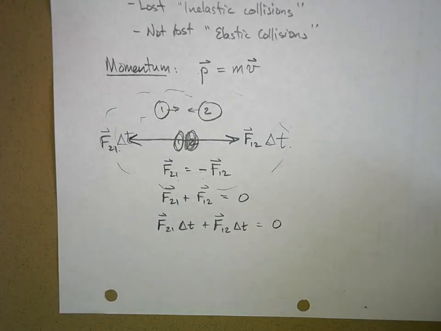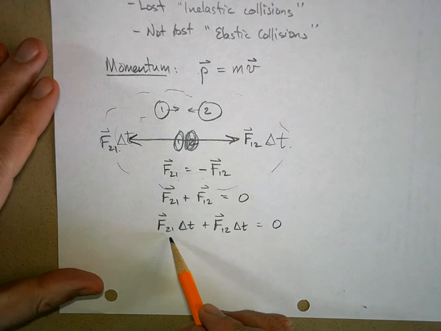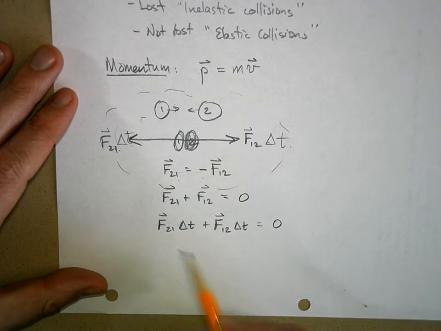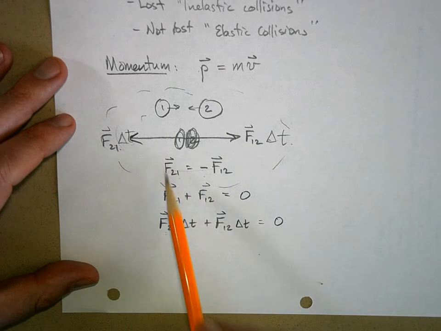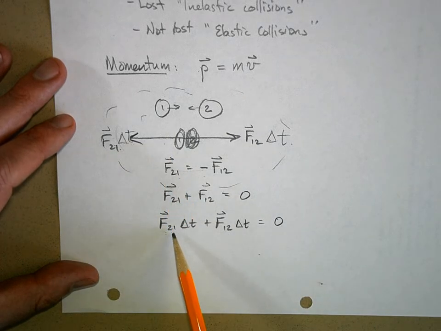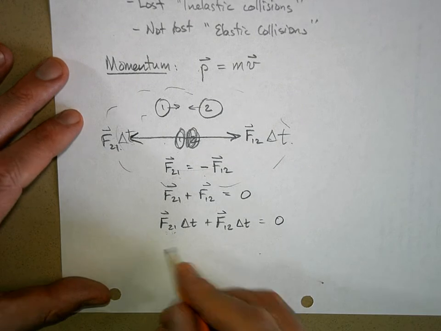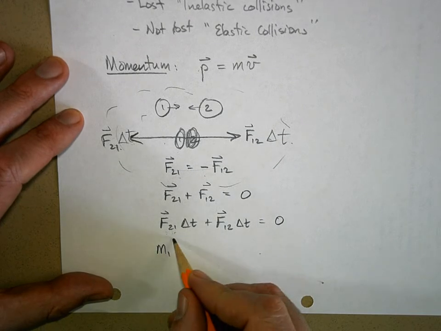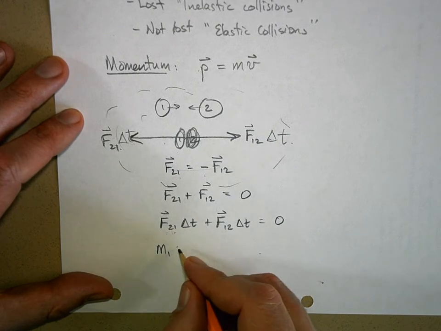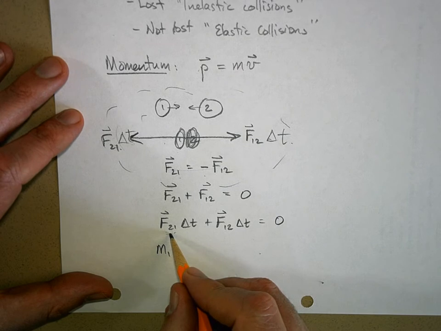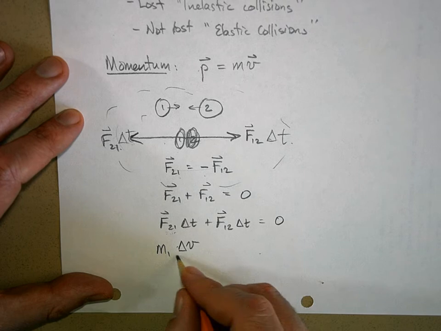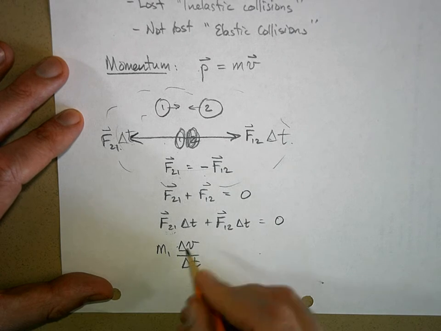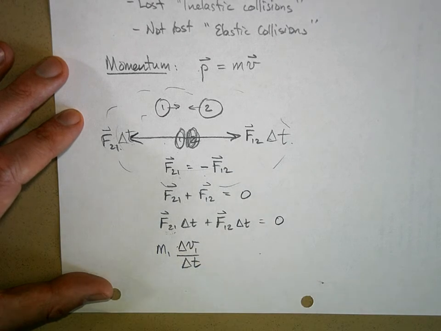We did this last time. Well, what is the net force? If this is an isolated system, the force of 2 on 1 is the net force on object 1, which is m1 times acceleration of 1, right? Net force equals mass times acceleration, but acceleration is delta v over delta t for object 1.